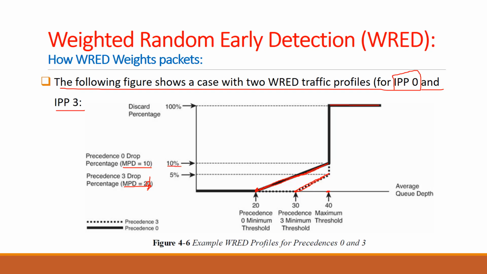It's 10 for IP precedence 0 and it's 5, not 20. It's 5 for IP precedence 3. It means that 5% of the incoming packets will be dropped, and this value is less than the 10% of IP precedence 0.